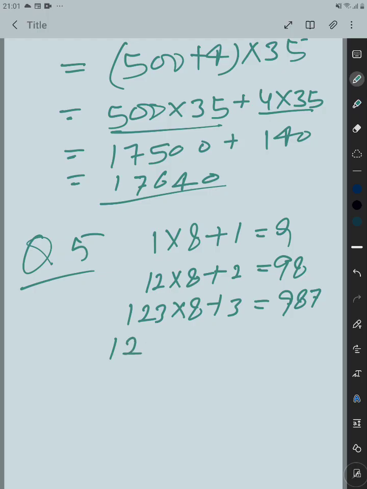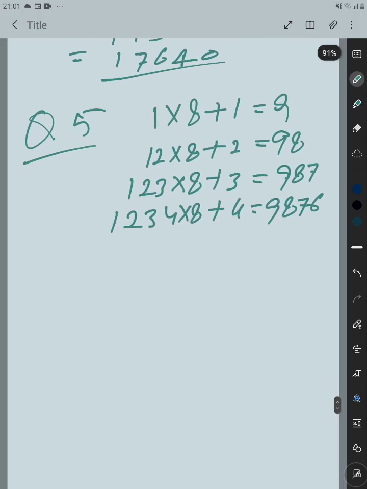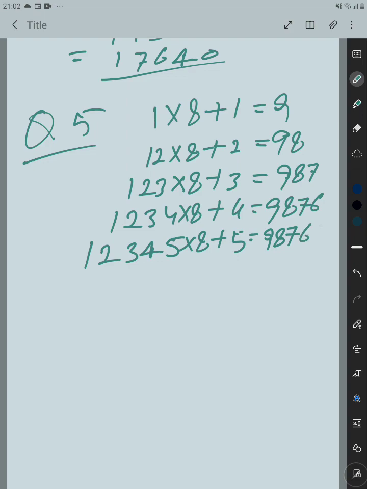And 1234 multiplied by 8 plus 4 is 9876. Okay, 12345 multiplied by 8 plus 5 equals 98765.